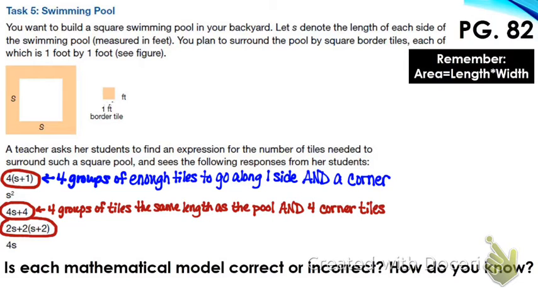S squared, nobody, at least when I asked for which ones worked, nobody gave me this one. S squared would have me taking this many tiles, S, right? And multiplying it by itself, by another S, right?